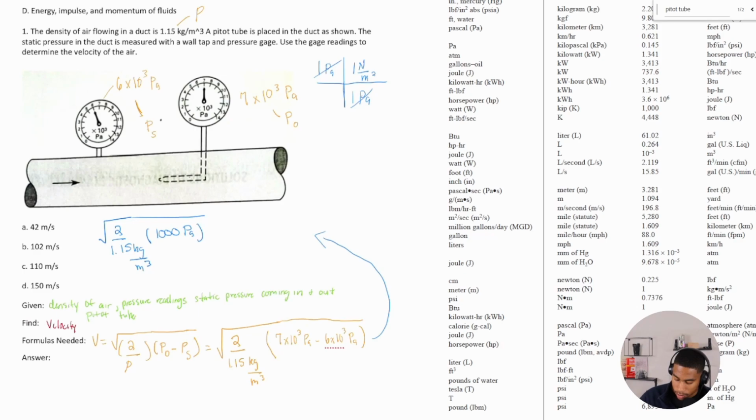So I'll be able to switch that unit into Newton over meter squared, but that's still not going to cancel out my units completely. Can I get this Newton? What is a Newton?